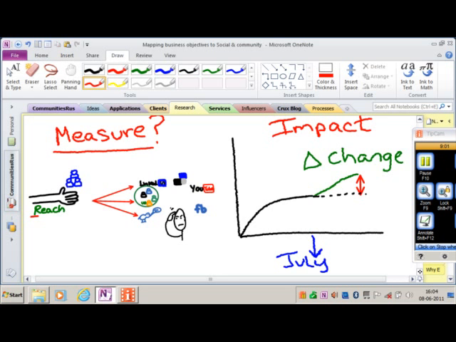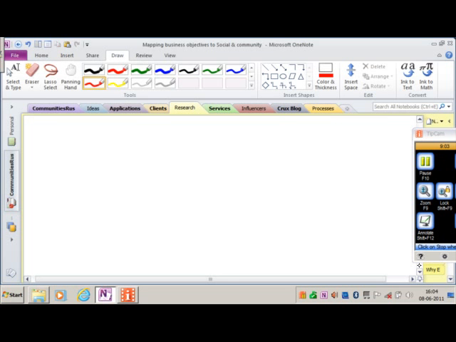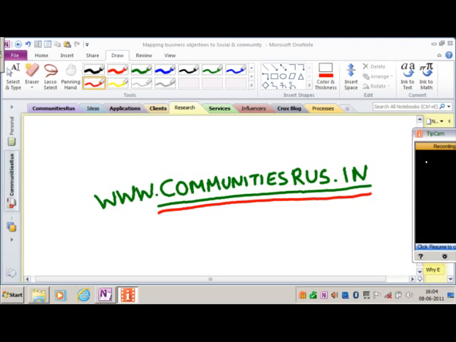So that's how we would come down to measuring the effect: you'd go from your business objective to community initiatives, and then map out how that is going to fit together and how you'll be able to measure it.